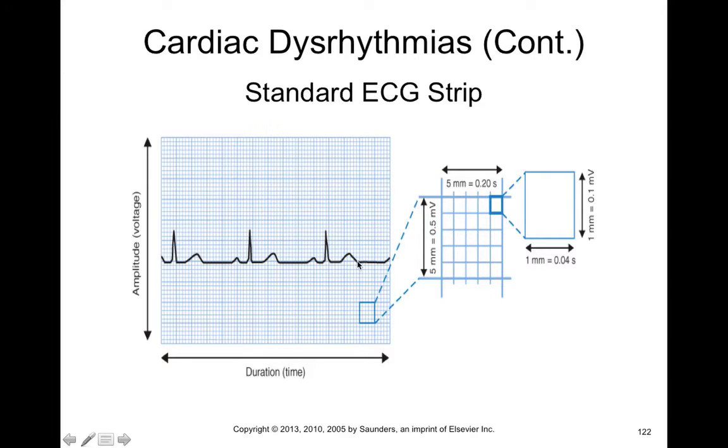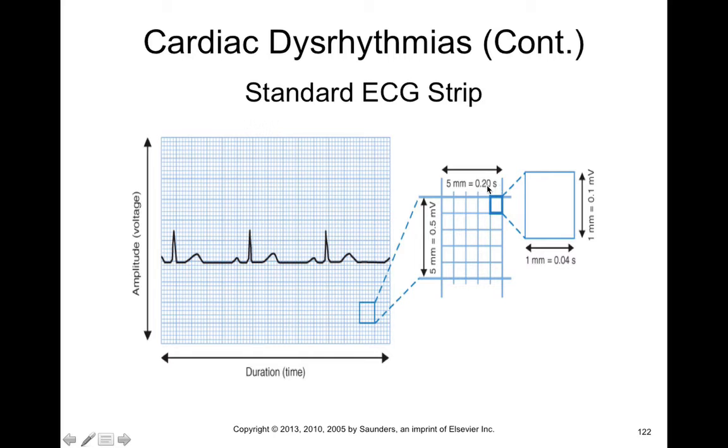Now, on all of these ECG strips, time is standardized. And so all of these little squares here represent a unit of time that has passed. So if you count the number of squares between these different electrical events, you can figure out how much time has passed between the different electrical events of a normal ECG here. So if we zoom in on one of these little time squares, what we find then is that each large square here represents 0.2 seconds.